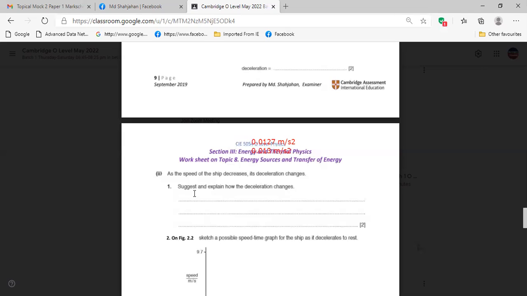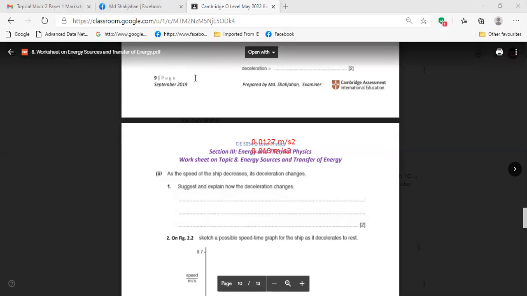That's why we can say deceleration also decreased. We have to make it more specific: deceleration decreases. As the speed of the ship decreases, the resistive force from the water decreases. That's why deceleration also decreases. Okay, so I'm writing it. You also write.